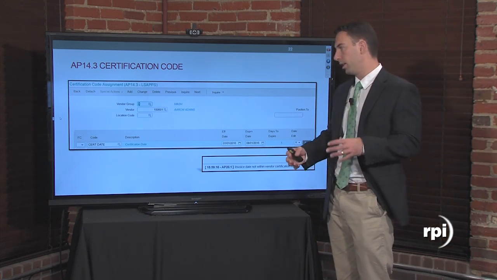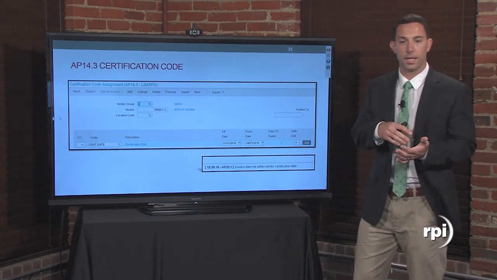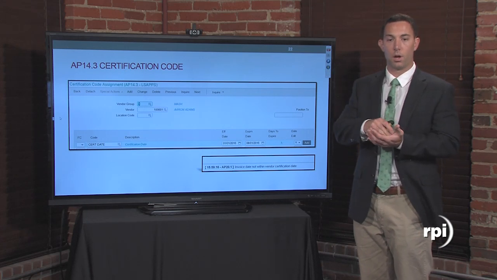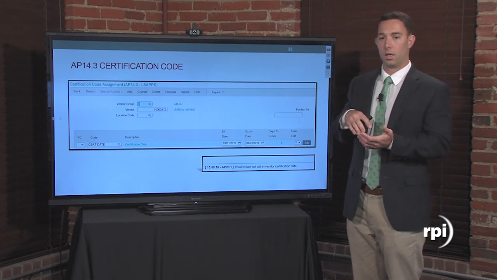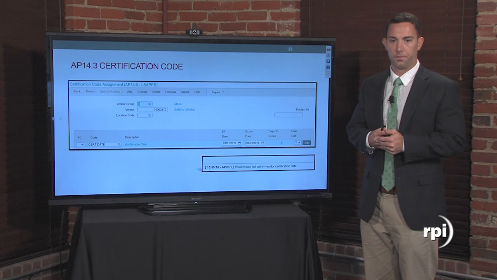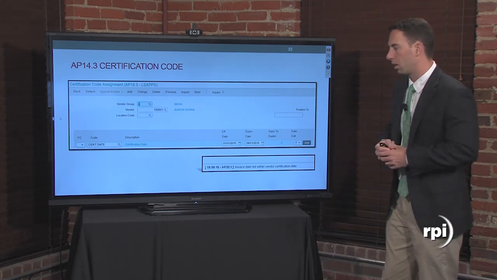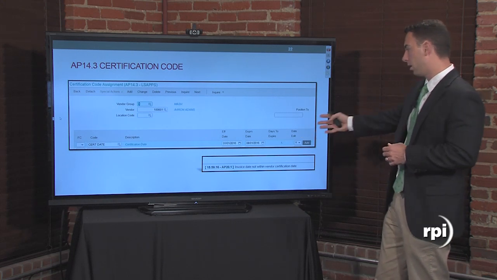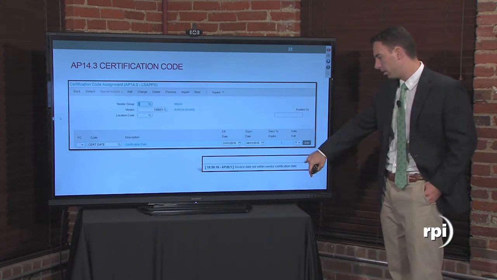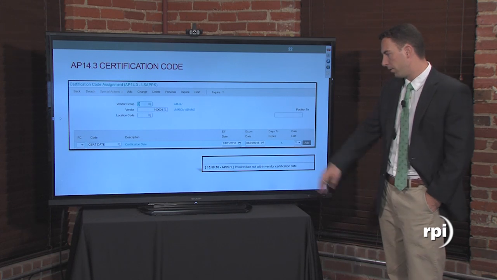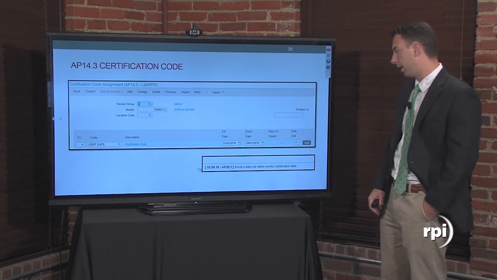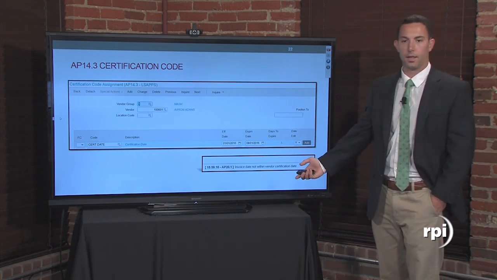And it's limiting the date that AP clerks can put on that invoice, or it's really limiting the dates the vendor can send you an invoice. So if they're only licensed to do work for a little bit of time, you can stipulate that here, and you'll get this nice message to say that if you are entering an invoice outside of that date, that the date's outside of that certification date.